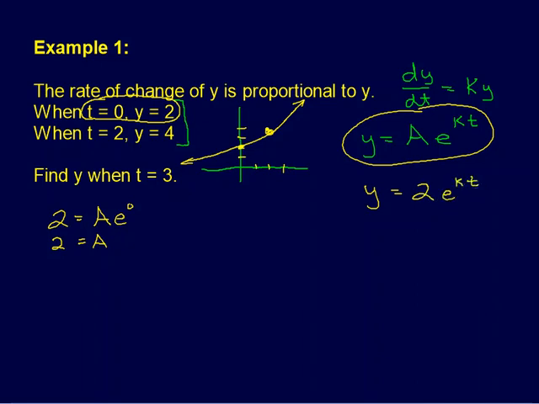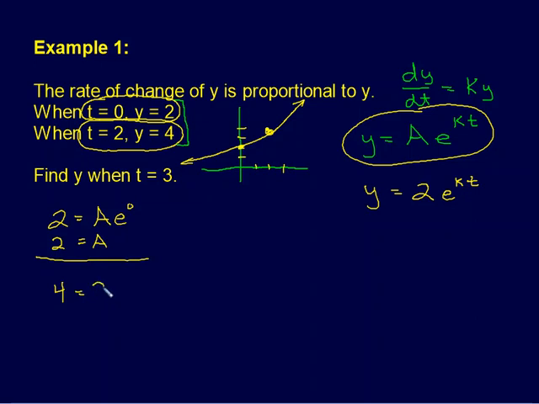Okay, now the next time you see a problem like this, if you see the ordered pair 0, 2, or 0, 5, or whatever, you could just right away know that that number there is the A. And now the second clue is going to help you find the relative growth rate, the K, right? So now I will take my ordered pair and replace the y with 4 this time.